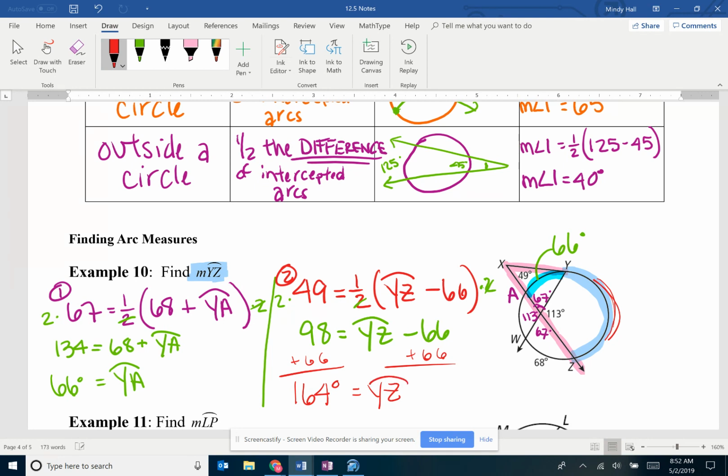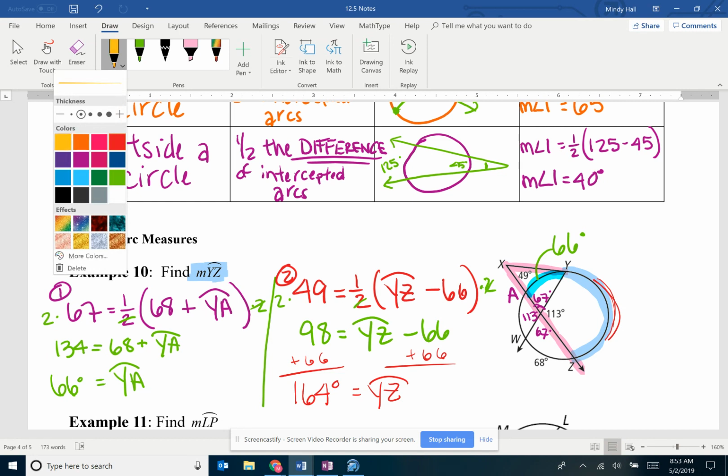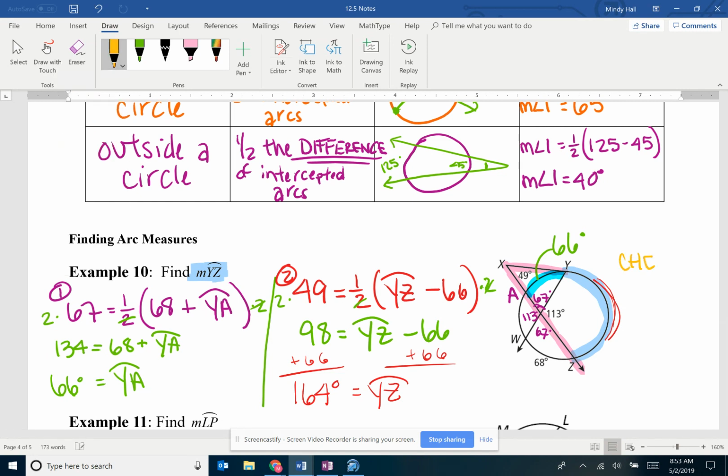Now, maybe you're thinking, oh my gosh, Miss Hall, I have no idea what just happened, and I just want to check it. So, check it. We certainly can. If I want to check, all you have to do is plug in something you know. I know this 113 degrees is going to be the sum of my big arc plus my other arc.